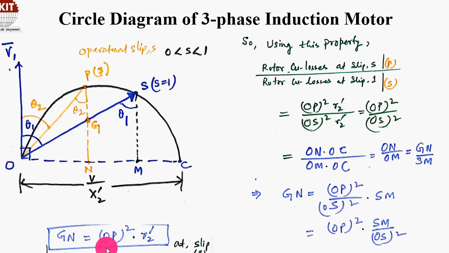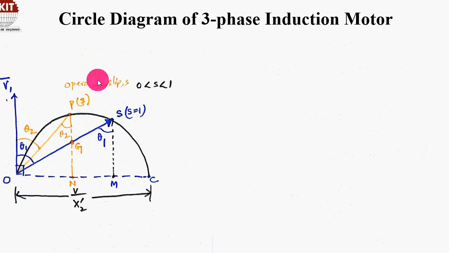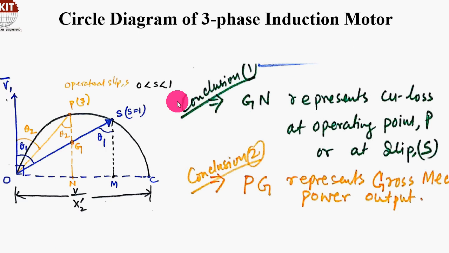So this is again the copper loss at this operating point P at slip S. Another conclusion we can draw from here: PG, that is this length, represents the gross mechanical power output at general slip S, because GN represents the copper losses, and PN is the total input power to the motor.